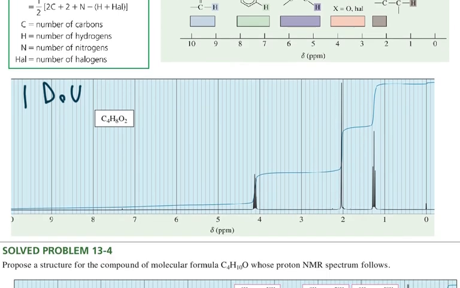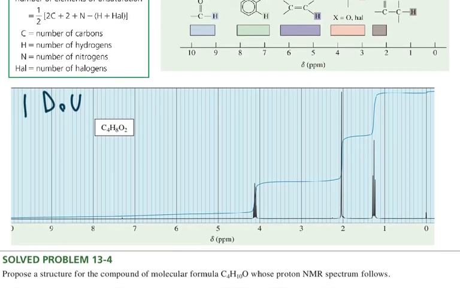So now let's analyze our signals. At 4 parts per million, it looks like a quadruplet. And then at 2 parts per million, we have a very tall singlet.